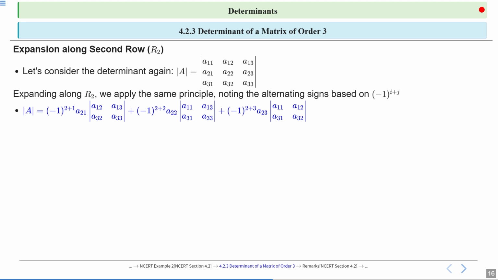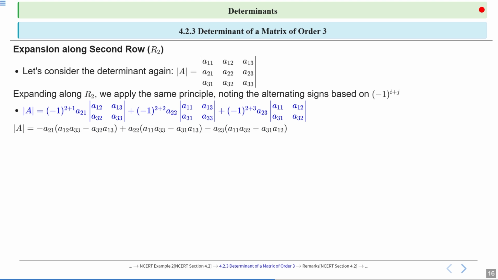Just picturize the matrix A, then you will understand how we get the 2 cross 2 matrix. When we cancel A21, A22, A23 and the third column, that is A13, A23 and A33, we are left with the matrix A11, A12, A31 and A32, and that is your 2 cross 2 matrix.